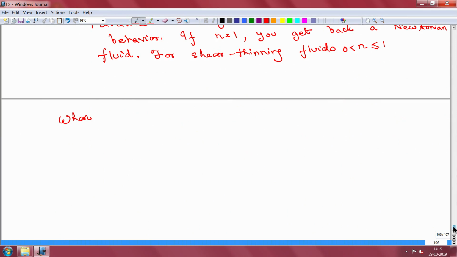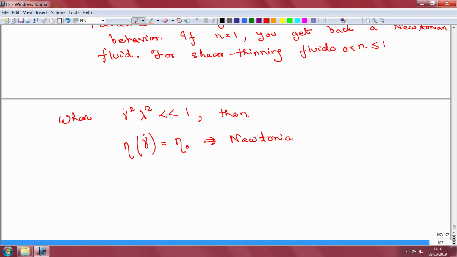So, from the mathematical model we can see that when it is much less than 1, then the viscosity is more or less eta naught, or you get a Newtonian behavior in the beginning, or for small enough shear rates. Maybe I will just put an approximately sign here. It is not exactly equal, but it is approximately equal to eta naught.